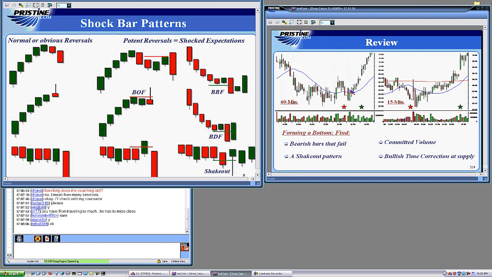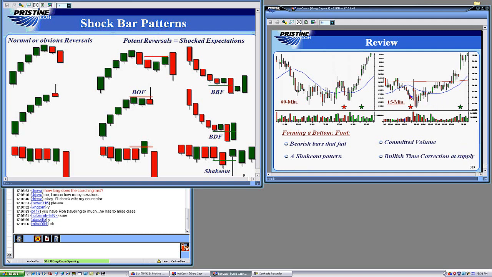And we see complete retracements of red bars like that. We see volume coming in on the reversals, what we call committed volume. We see shakeout patterns. Shakeout patterns here: we see the 15-minute chart is a move down, which might look like a bottoming tail on a higher time frame.